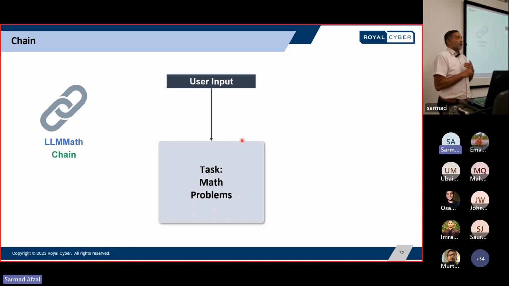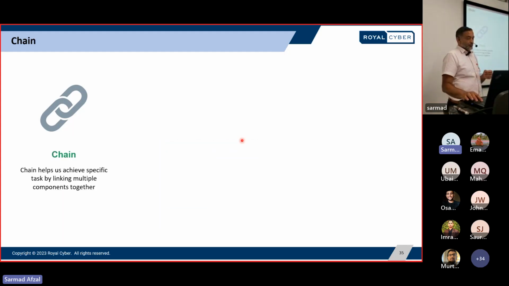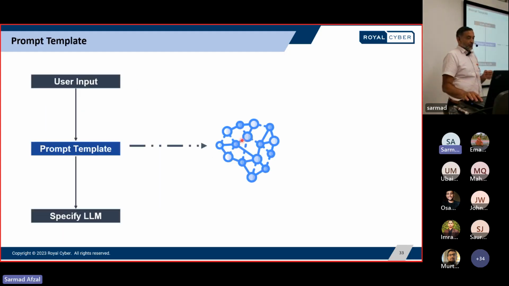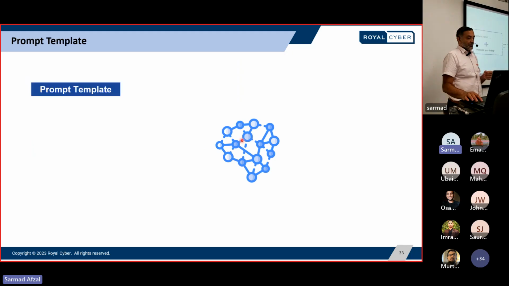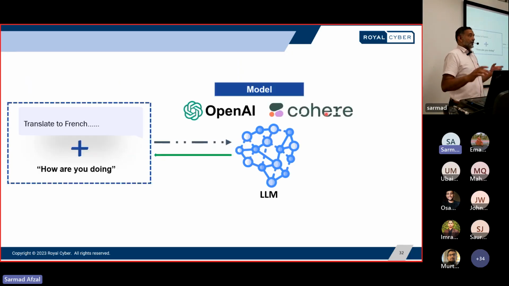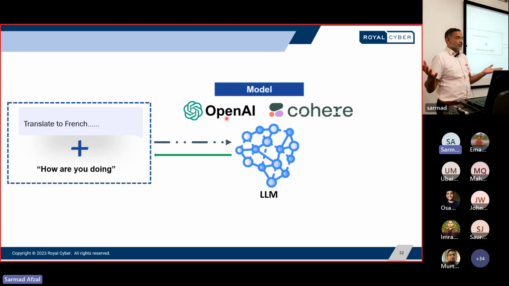So I mentioned that if you go back, you have choices. You can use any of these models, OpenAI, Cohere, there are so many models available. With OpenAI, you don't have the code of it, because Microsoft Azure manages it.